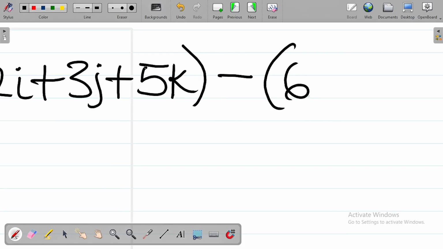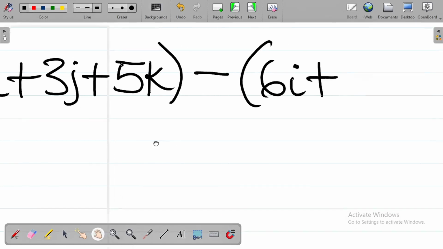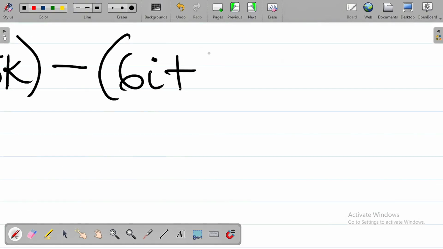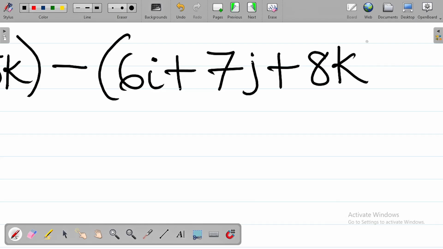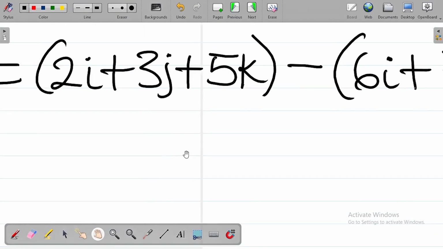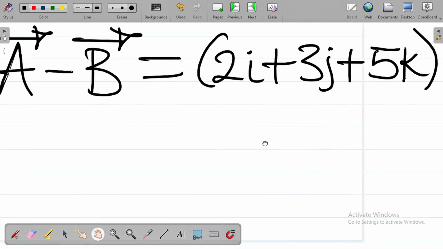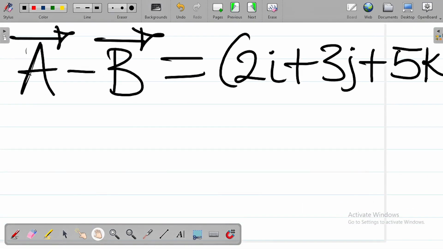We have 6i plus 7j plus 8k. So this is vector B. All right, so our next task is to open up the bracket.